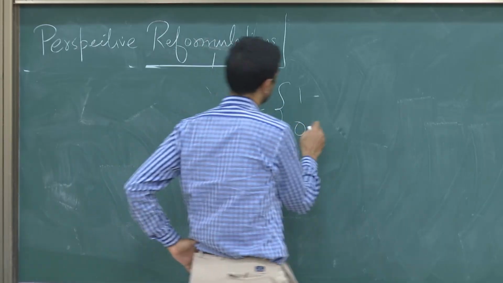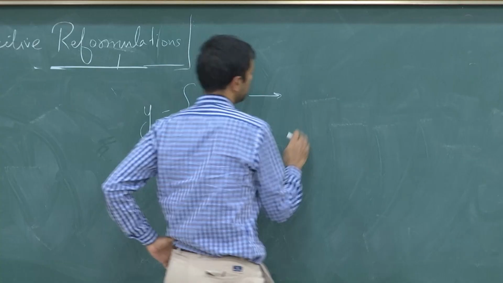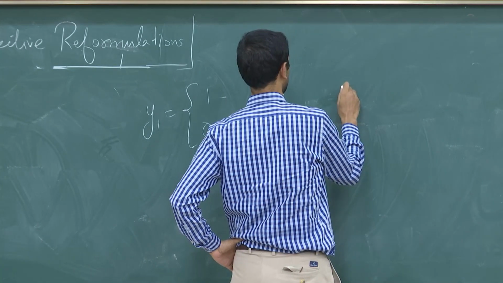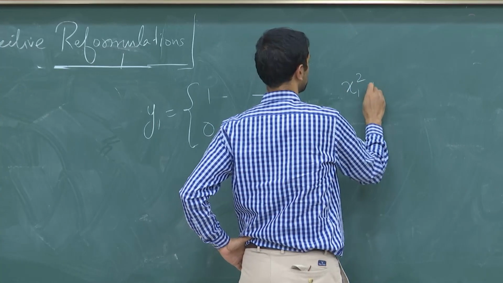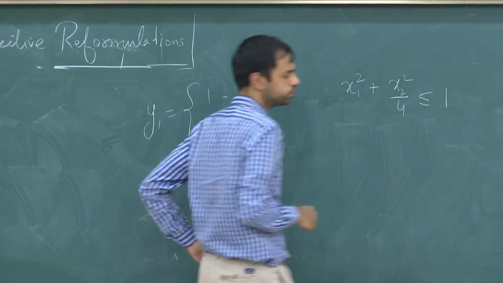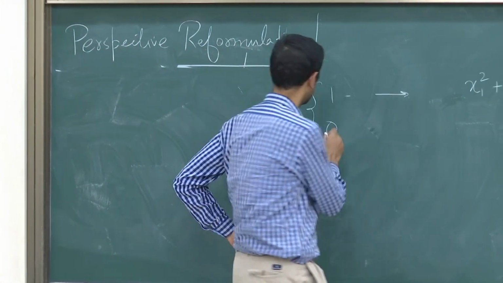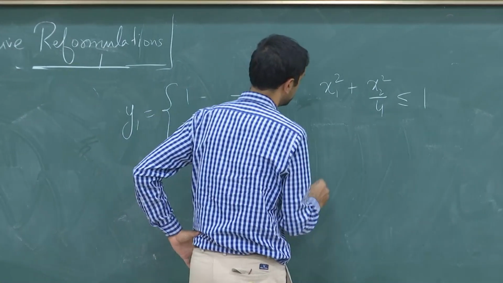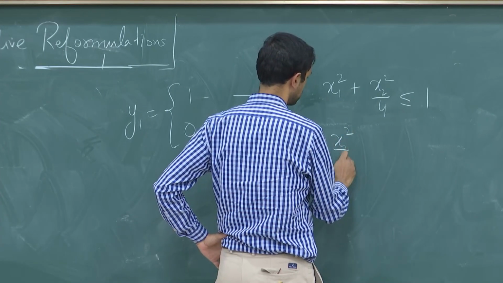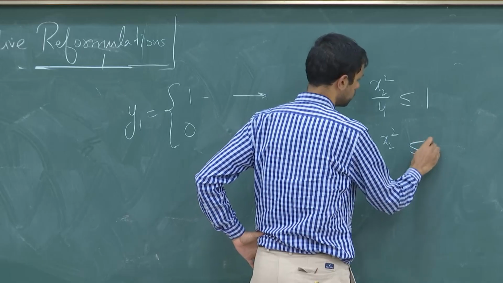So let us say that when y1 is 1, I want to satisfy some inequality, let's say x1 square plus x2 square by 4 less than or equal to 1. And when y1 is 0, then I may want to satisfy some other inequality, maybe x1 square by 4 plus x2 square less than or equal to 1.